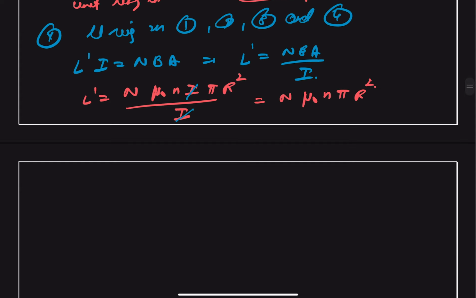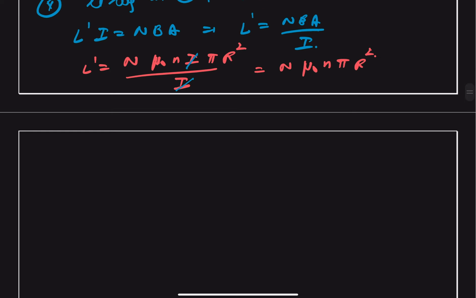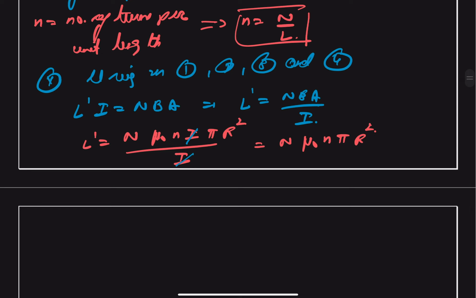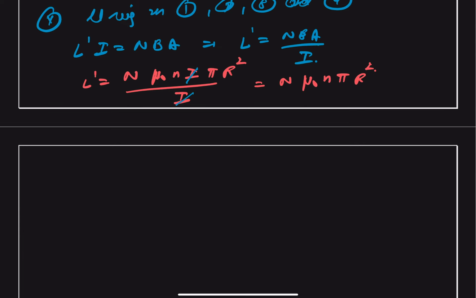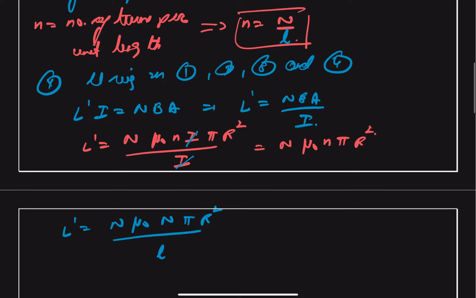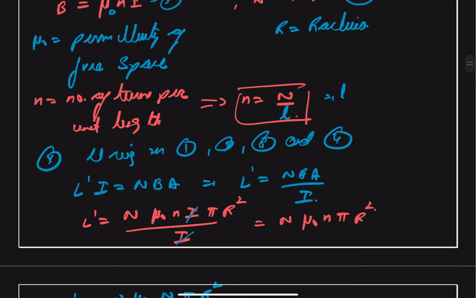Let us assume that the length is represented as small l, not capital L, to differentiate it from the inductance value L. Therefore we can write that L prime will be equal to N mu naught capital N pi r square upon l, where l is the length of the solenoid.